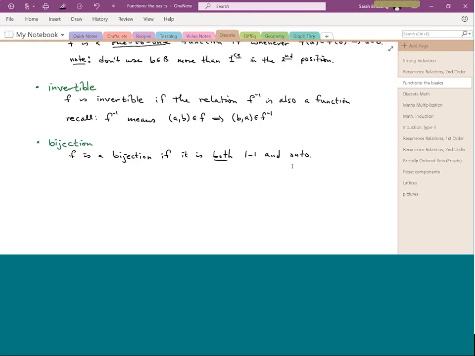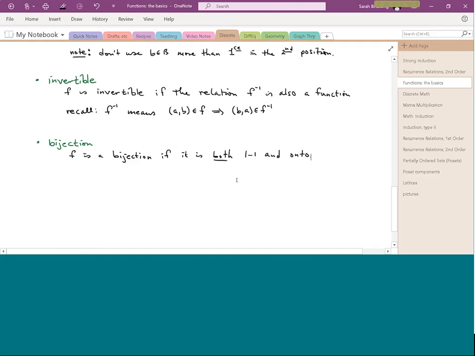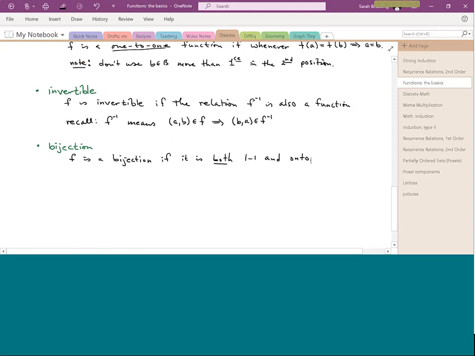So that would be bijective. The other thing that we want to go ahead and do, and let me go ahead and put it in here now, is a specific type of bijection. So let me include this. If you note, a bijection, so it's both one-to-one and onto, from set A to set A. And this type of bijection is typically denoted with a P. So in terms of symbols, it would look like this.